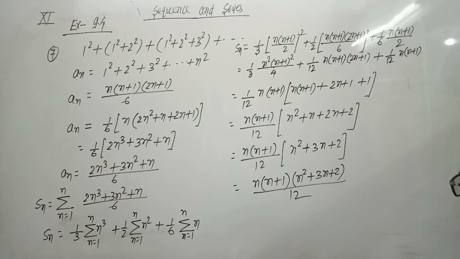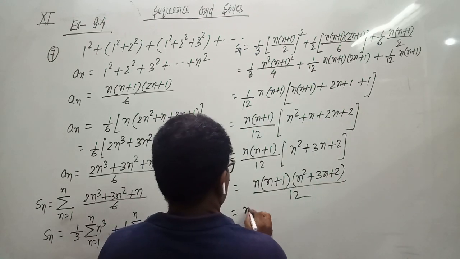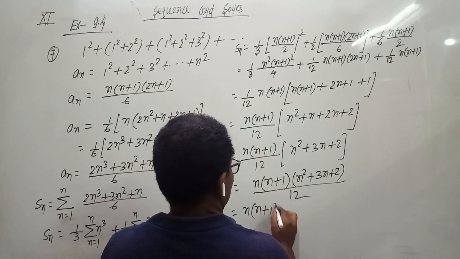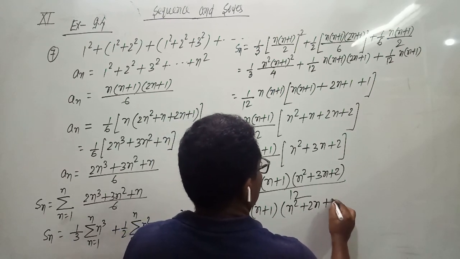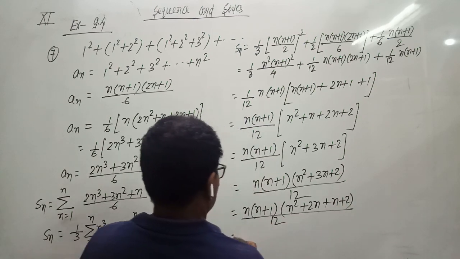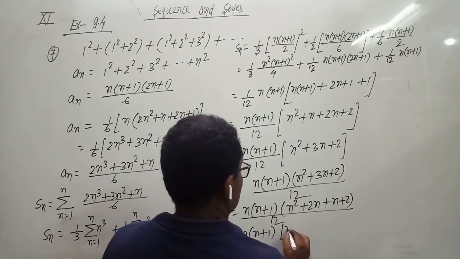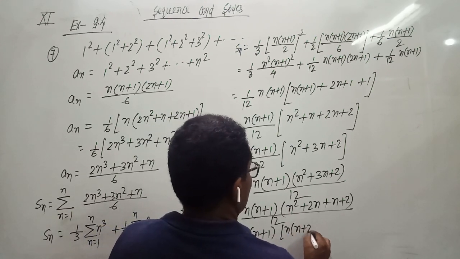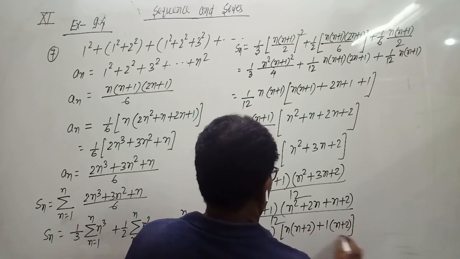And this can be expanded, so n plus 1. This can be written as n square plus 2n plus n plus 2 upon 12. So n into n plus 1. From these two terms, n is common. So n plus 2 plus 1 is common, n plus 2 upon 12.